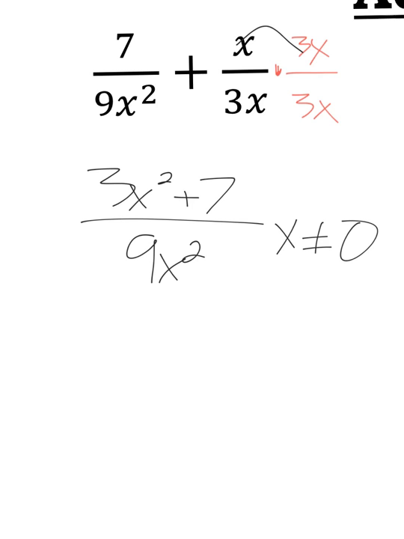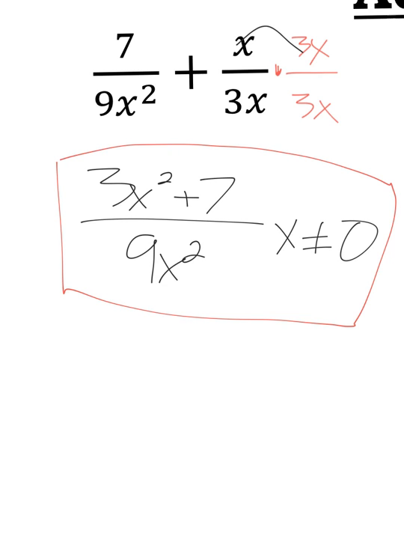So basically 9 times 0 squared is 0. So I can plug in any number I want for x, but if I plugged in the number 0 here, I'd end up dividing by 0 and I'd get an undefined answer. So with every single answer you get, make sure you include the number or numbers that x cannot equal.